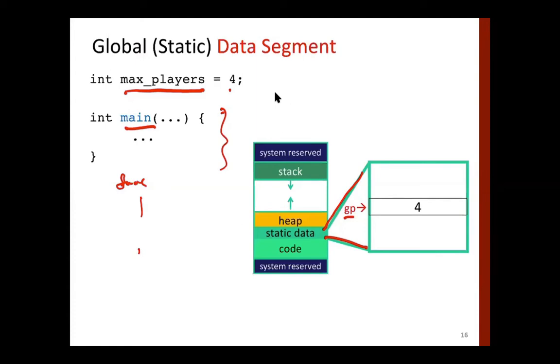Note that the global pointer is in the middle of this space. Generally this space, the static data size, is fixed. And then this global pointer is at 0x10008000.